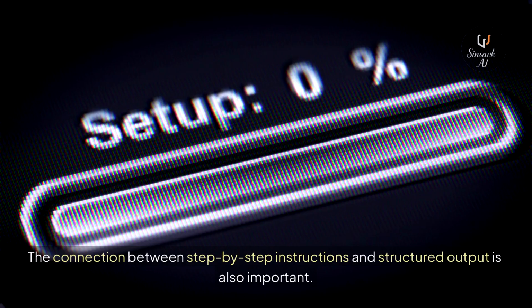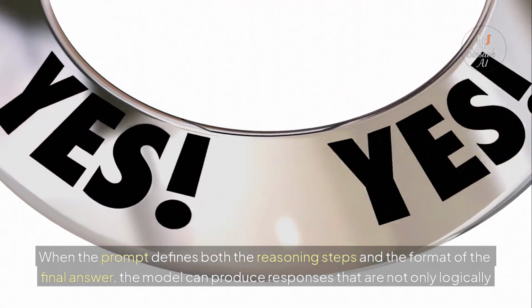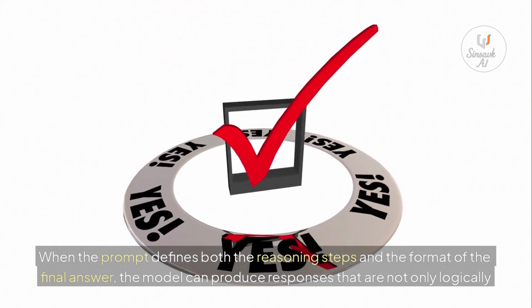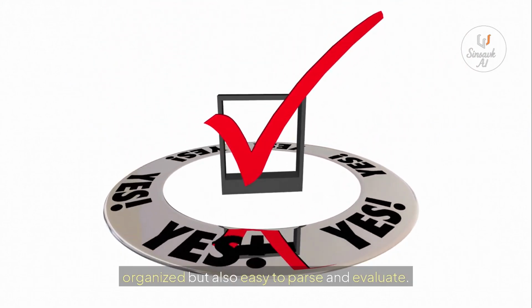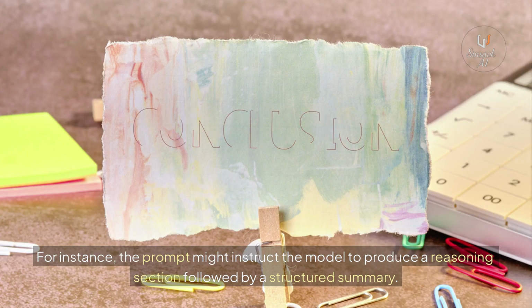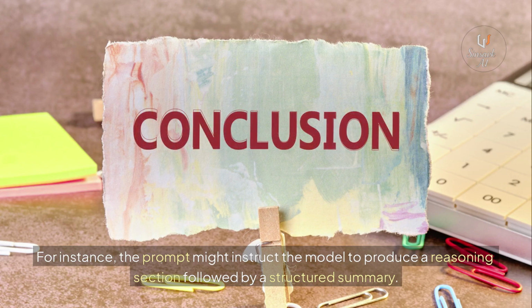The connection between step-by-step instructions and structured output is also important. When the prompt defines both the reasoning steps and the format of the final answer, the model can produce responses that are not only logically organized but also easy to parse and evaluate. For instance, the prompt might instruct the model to produce a reasoning section followed by a structured summary.